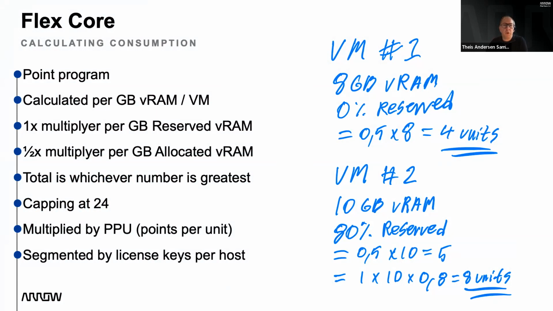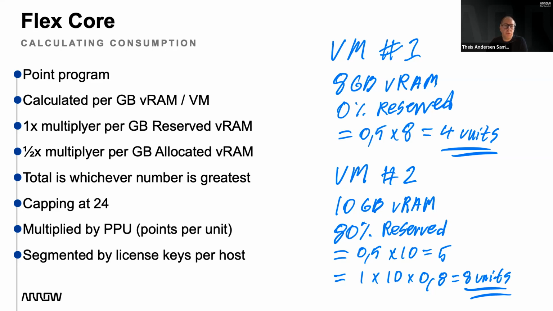So looking at the individual virtual machine and the vRAM that's allocated to the virtual machine, or if it's reserved to the virtual machine. So there's a multiplier depending on if it's reserved or allocated that you need to apply, and whichever calculation is greater would go into the final calculation.